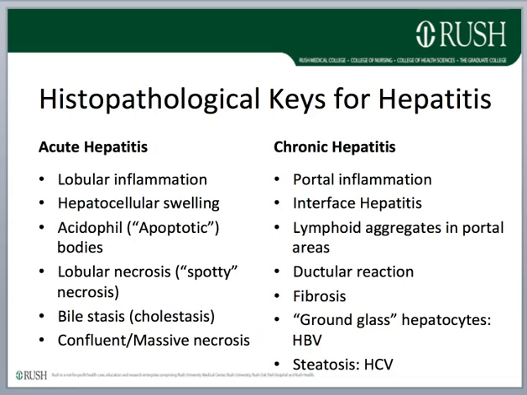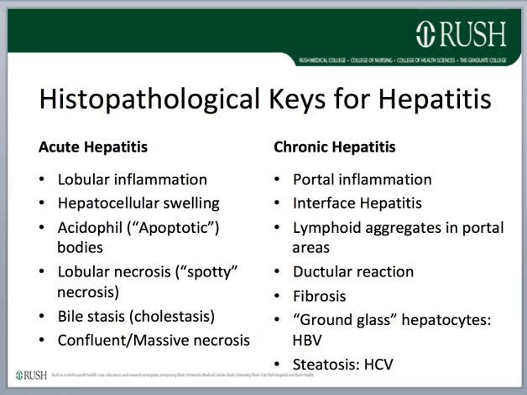It's associated with some features of hepatocellular injury, including hepatocellular swelling or ballooning degeneration, acidophil or apoptotic bodies. You get lobular necrosis, also known as spotty necrosis. You can see bilirubinostasis or cholestasis. And then finally, in severe cases, confluent or massive necrosis, which you've already learned about with acute liver failure.